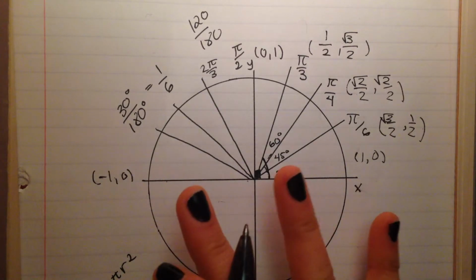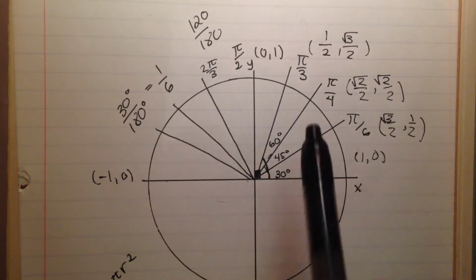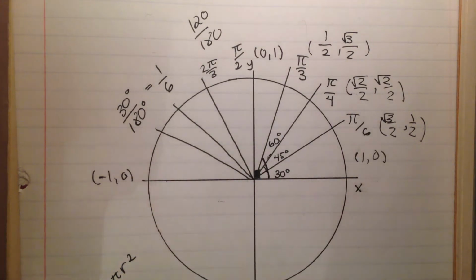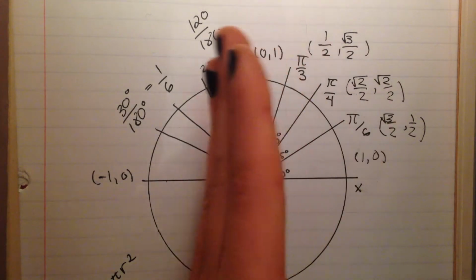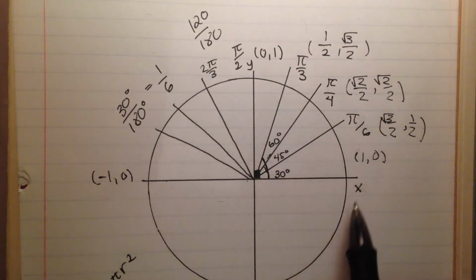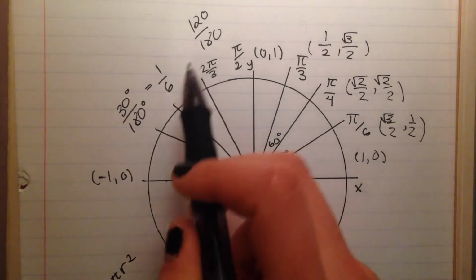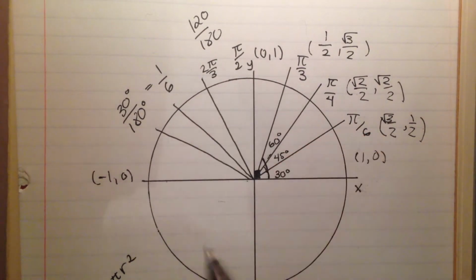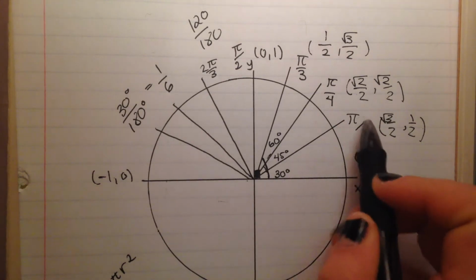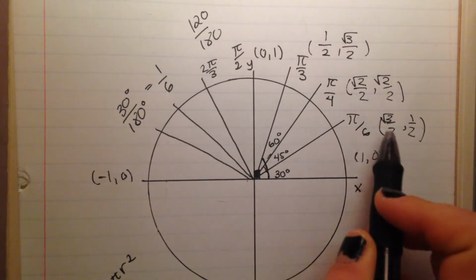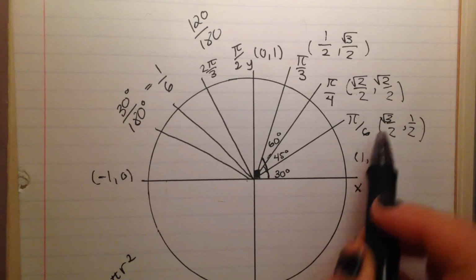You should not learn this by heart, okay? You should not learn this by heart. You should really understand it. Another point that I forgot to mention is that, see how we're working with x and y? Your x's are your cos and your y's are your sine. So when you plug into a calculator cos of pi over 6, it gives you square root of 3 over 2.